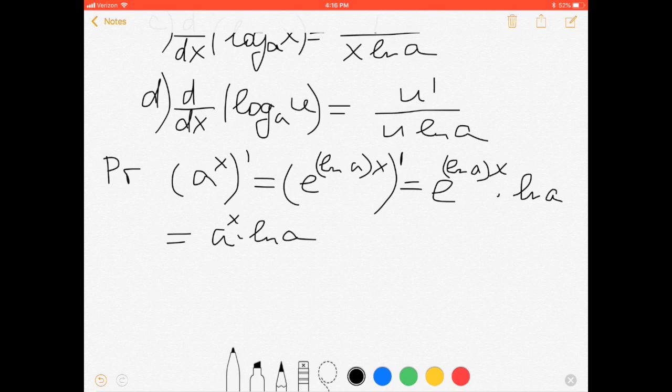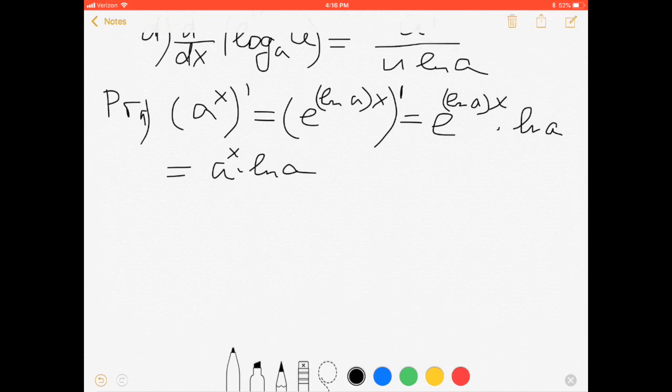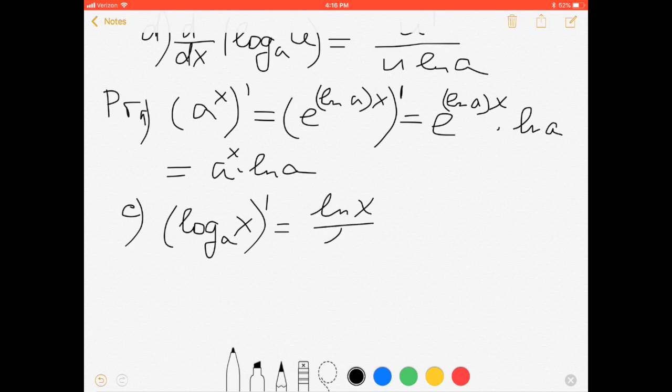Remember, we proved formula a. Formula b is formula a and the chain rule. What about c? We need to take the derivative of log base a of x. Use the identity we have: ln x over ln a.